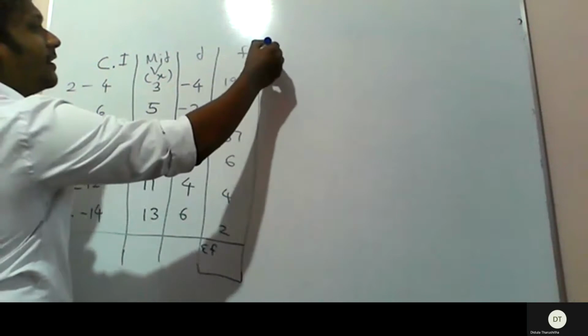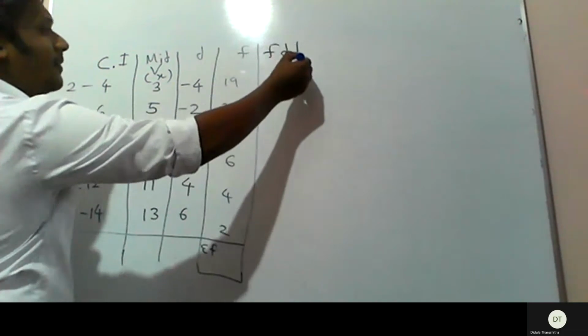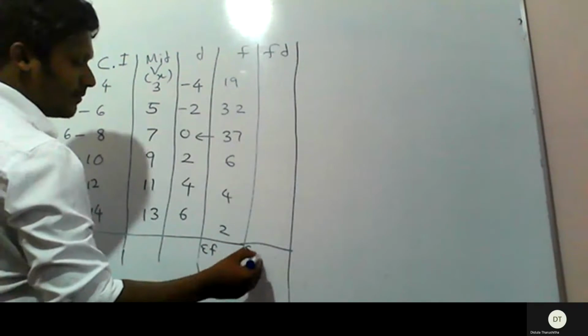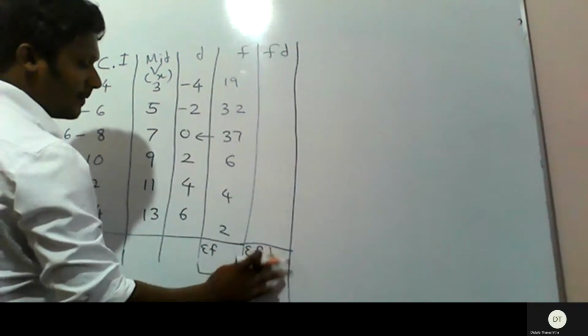Then put the FD, the next column FD, and sigma FD.